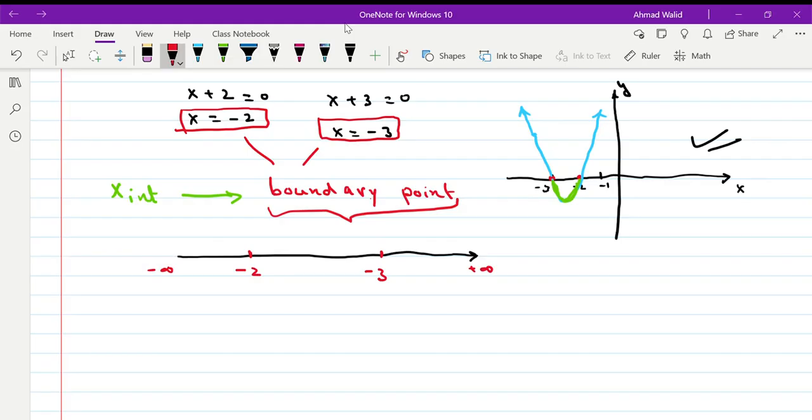After you show it on the number line, you know this interval is from -infinity to -2, this interval is -2 to -3, and this interval is from -3 to positive infinity. Actually, you have three intervals.